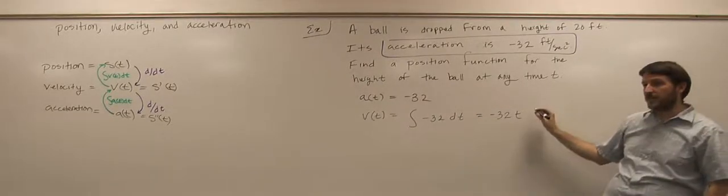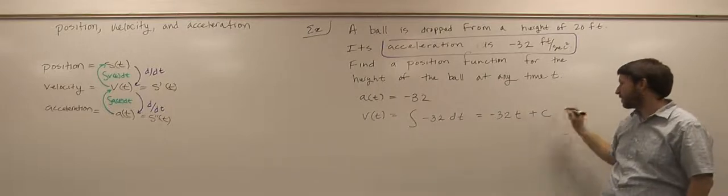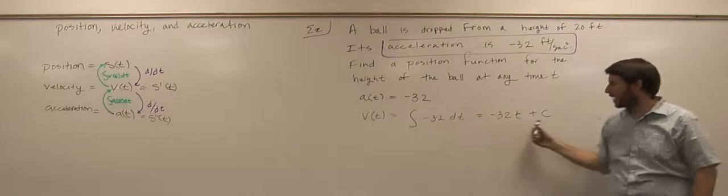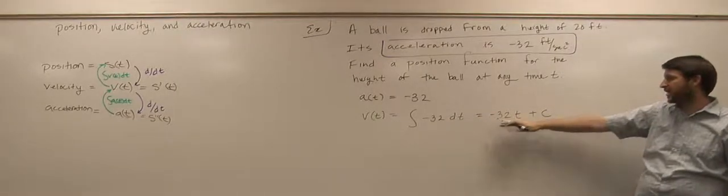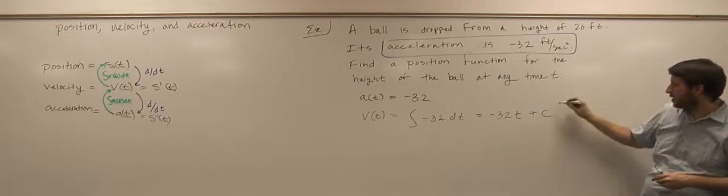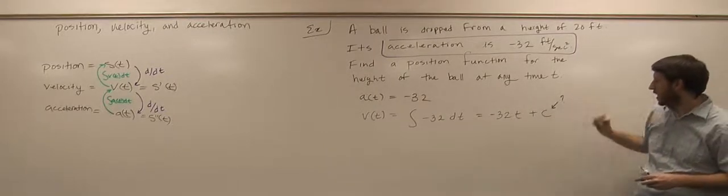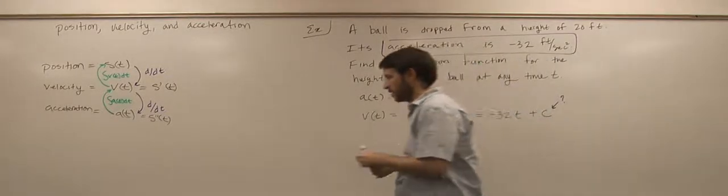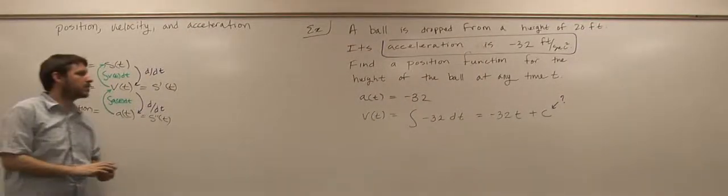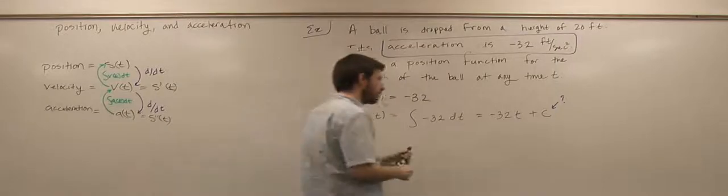But then you have a constant. Now, at this point in time, I only have velocity. Velocity is negative 32t plus c. But I'd like to solve for the c using any information I might have. Can I solve for this?